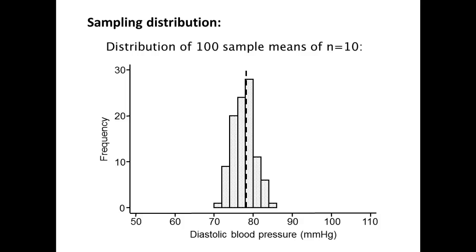If we were to take even more samples, then the sampling distribution would take on its true shape. So the spread of the sampling distribution represents the sampling variation or random error. It tells us how the sample mean or the point estimate will vary about the true population value. So it gives us an idea of the uncertainty in our point estimate.